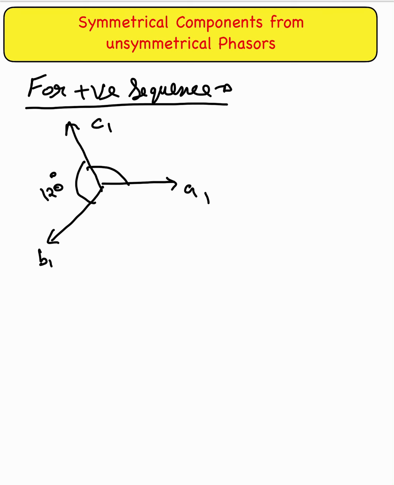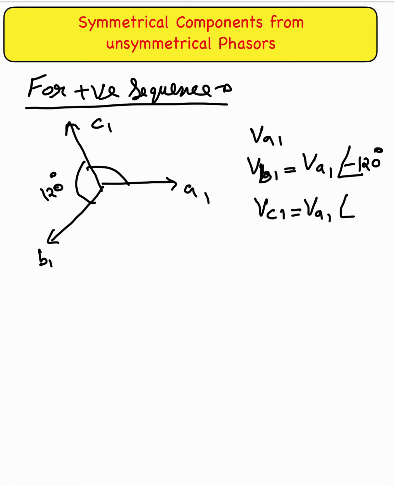A1 is the reference angle, so VA1 is the reference, and VB1 we can write like this: VA1 with an angle of minus 120 degrees. You can see in the figure that VB1 is minus 120 degrees apart from the reference angle, and VC1 we can write as VA1 with an angle of plus 120 degrees.